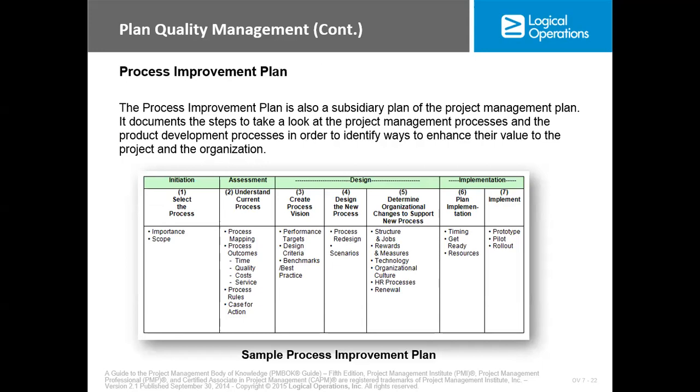It documents the steps to take a look at the project management process and the product development process in order to identify ways to enhance their value to the project and the organization. So how do you improve the project and how do you improve the organization? That's what the process improvement plan talks about.